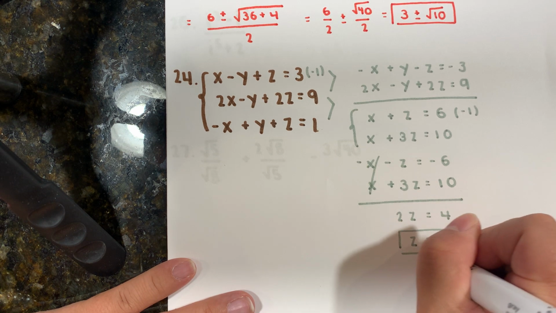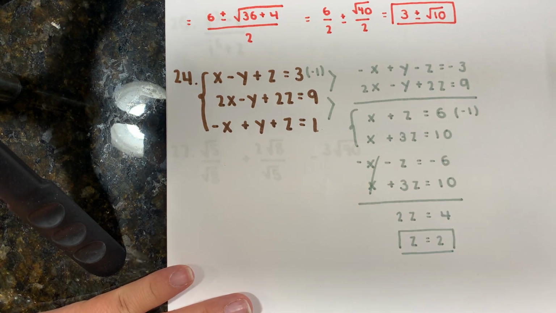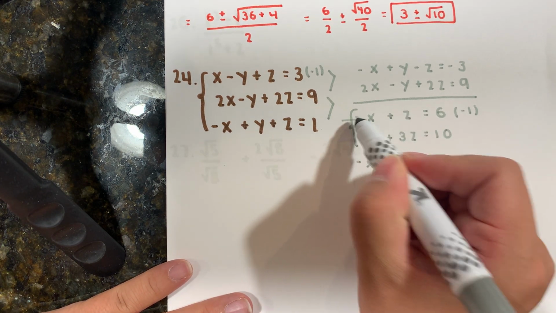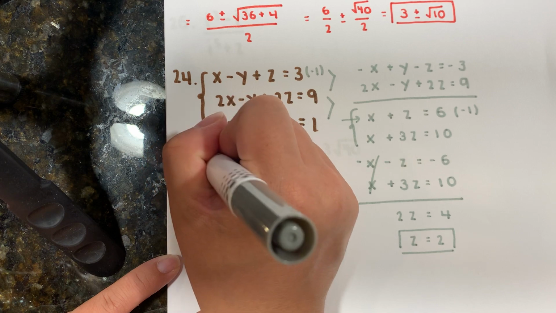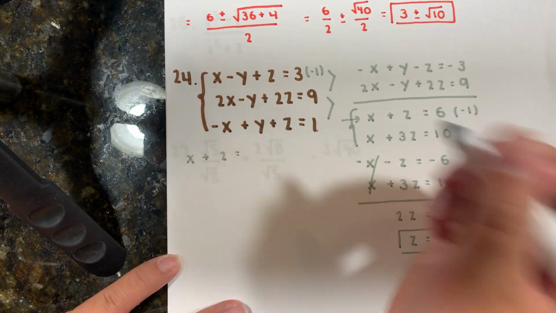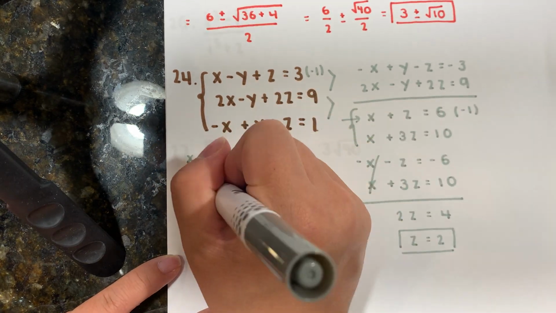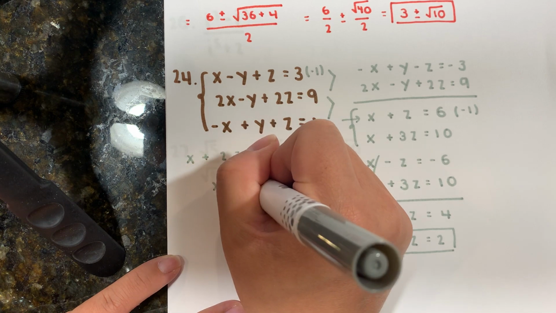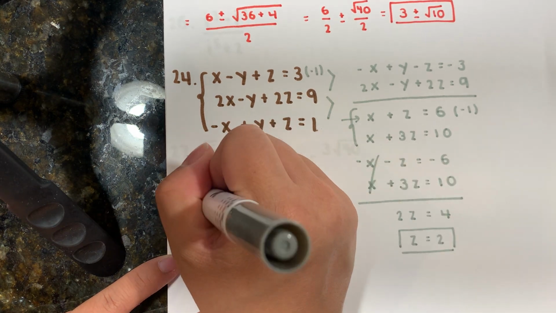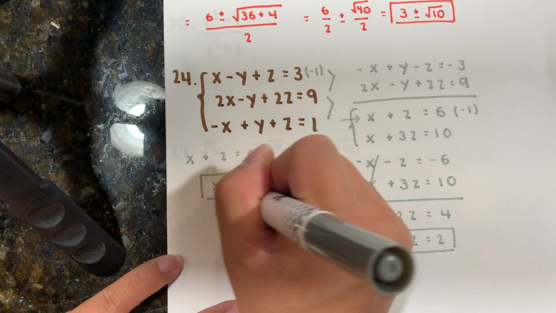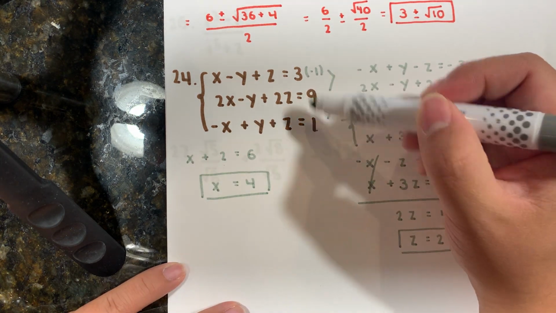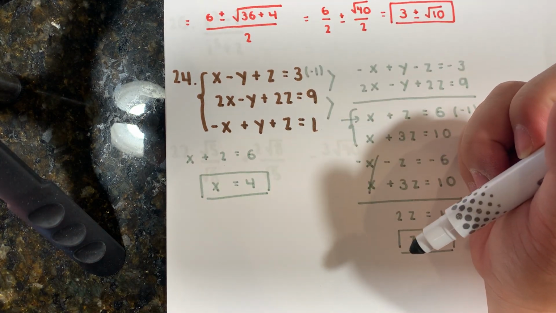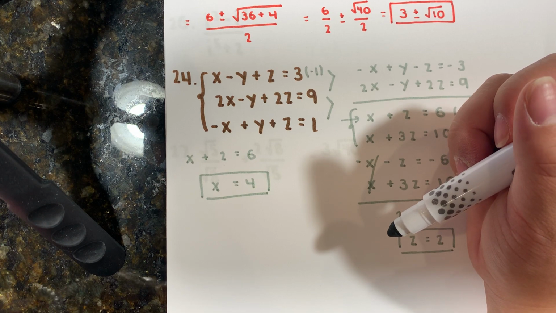Once I know what z is equal to, I'm going to take that and plug it back into this equation right here. So that would be x plus 2 equals 6. So therefore, x is going to be equal to 4. Now, once we know what x and z are, we can go back to any one of these equations to solve for y. I'm going to just choose the bottom one.